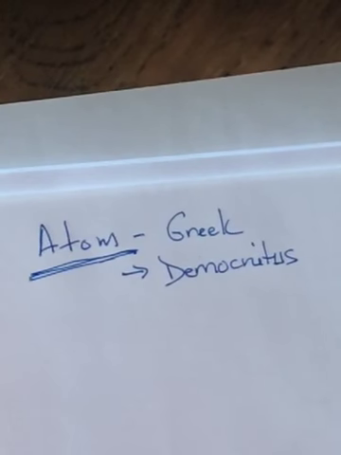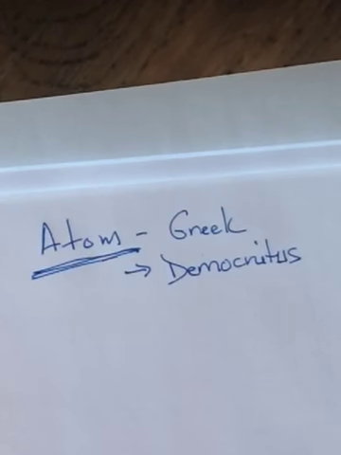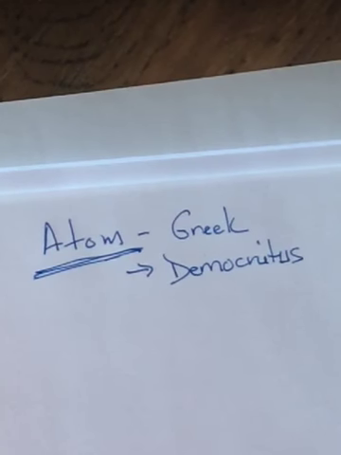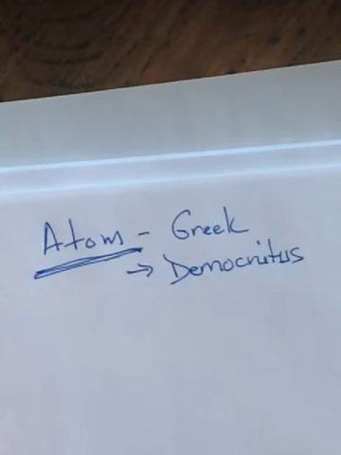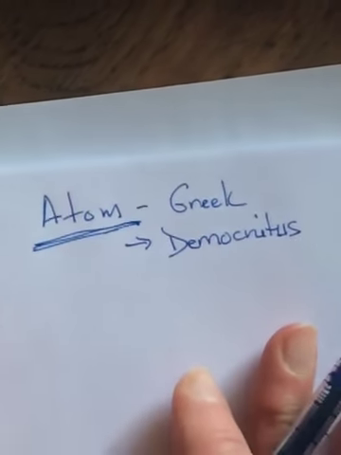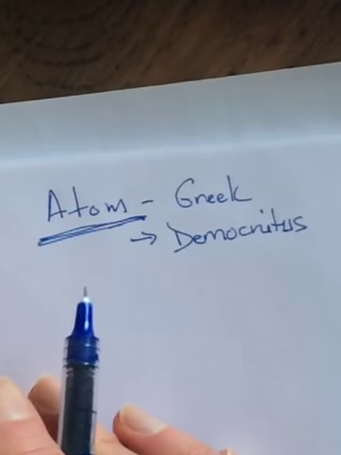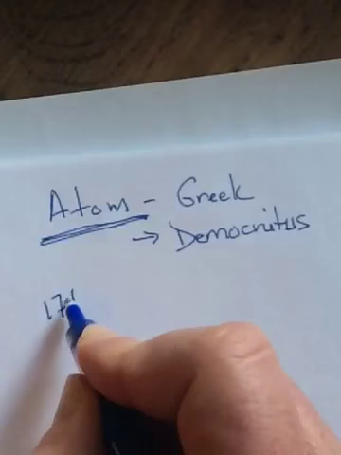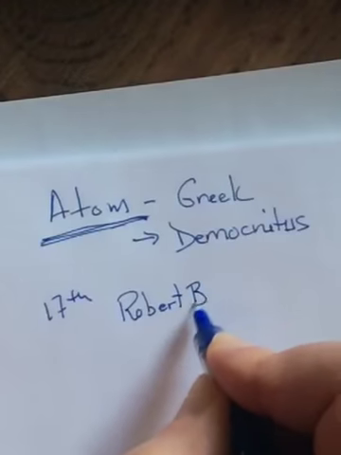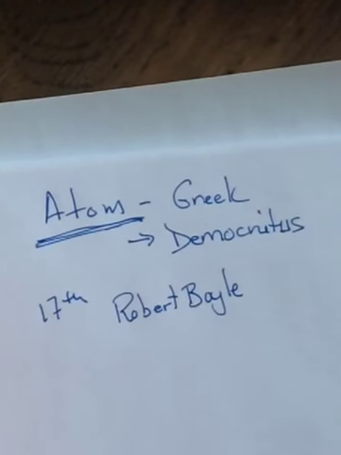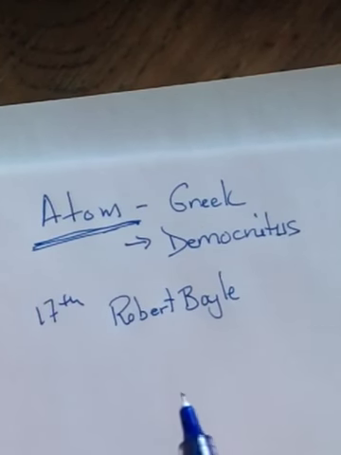The unfortunate part is that when we applied it, we didn't wait. We thought we got to the point of the smallest possible indivisible thing. It just wasn't. The word actually is defined as indivisible one. Now that was 400 BC. In about the 17th century, Robert Boyle brought the word back a little. If you've been in chemistry already, you might have heard of Boyle's Law.